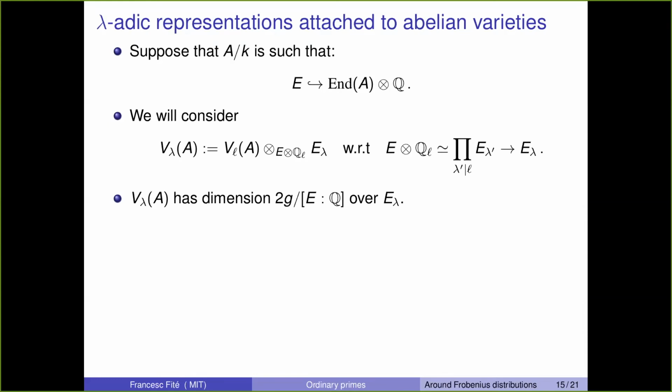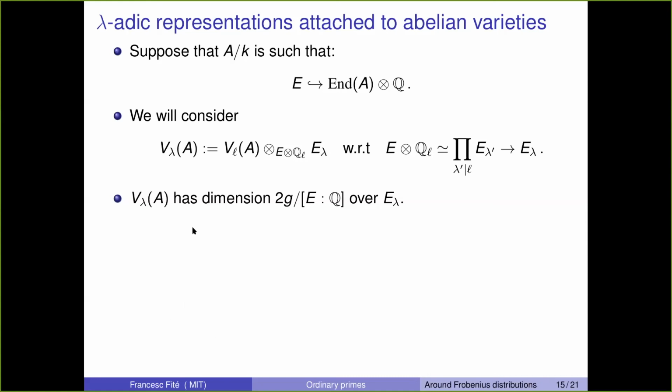So suppose that our abelian variety is such that its endomorphism algebra contains this number field E that we've been considering before. Then this E acts on A, and by functoriality, this action gives rise to an action of E on the l-adic Tate module of A. And I will use this to define some space V lambda in the following way.